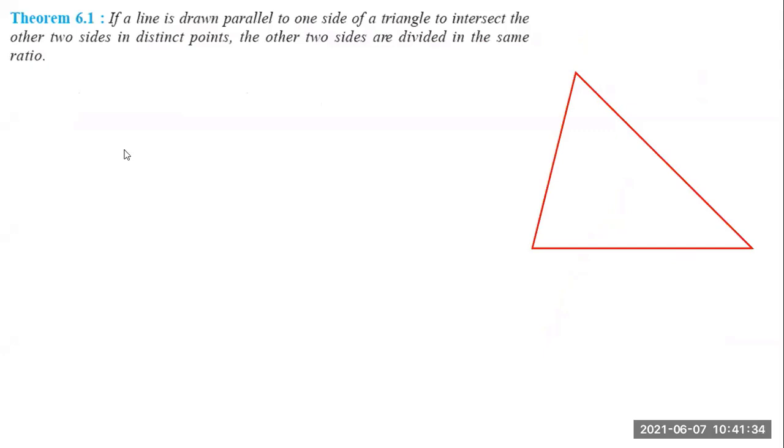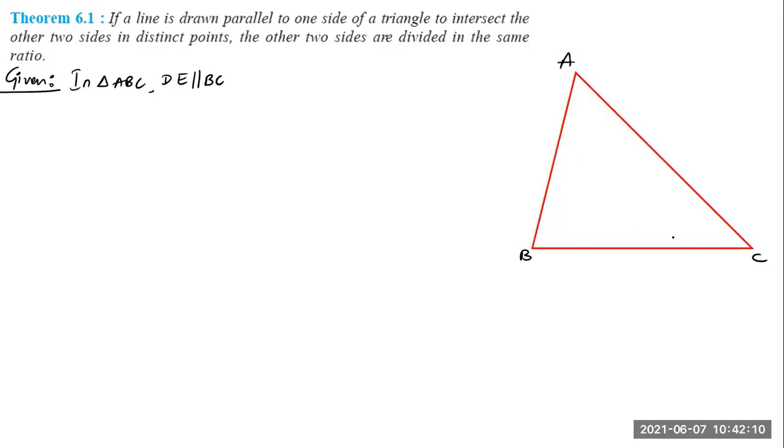If a line is drawn parallel to one side of a triangle, first we'll take the given. Given is a triangle ABC where DE is parallel to BC. This line can be anywhere.